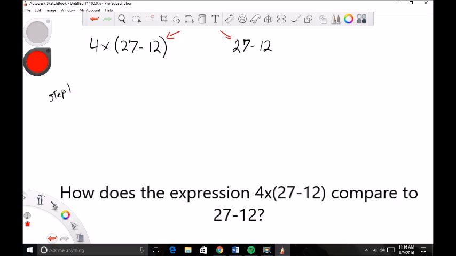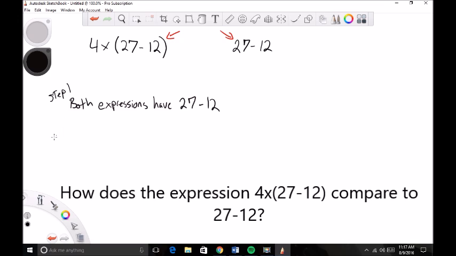27 minus 12. So in step 1 for what they have in common, I'm going to say they're both, so both expressions, let's use academic terms, have 27 minus 12.